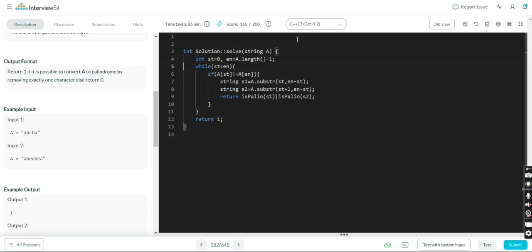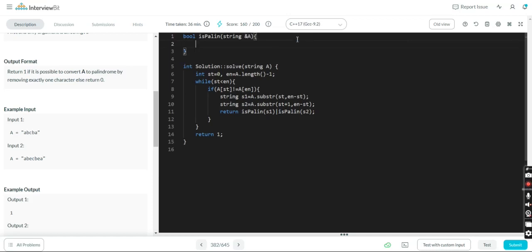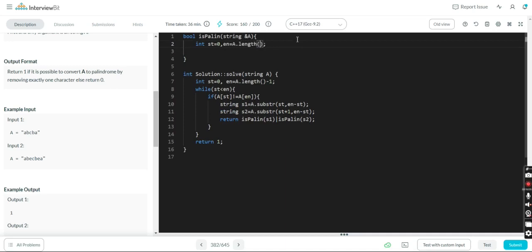Now this is the isPalin function. It just simply returns whether the given string is a palindrome or not. So we take 2 pointers again and we traverse.